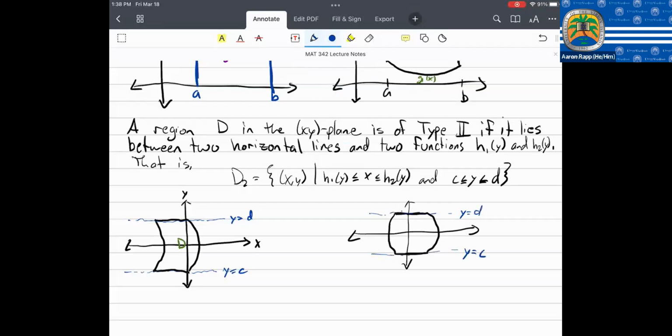Ugh, that's a big distinction. That horizontal line on top is a constant function with respect to y. You have your horizontal line on bottom, which is a constant function with respect to c. And then you have two curves. They're also giving your lower and upper limits on your x-axis.